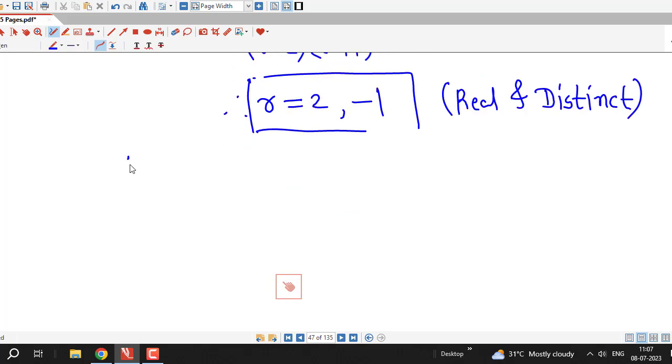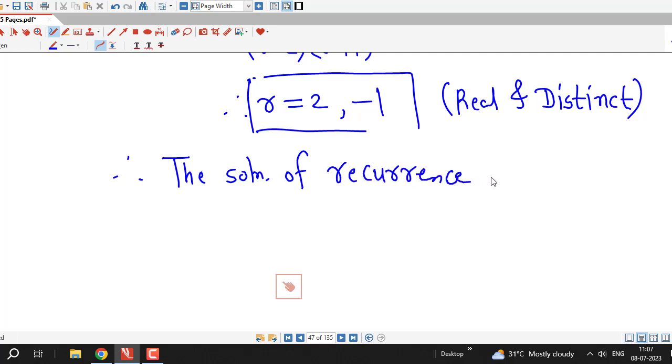So therefore the solution of the given recurrence relation is an equal to alpha 1 into r1 raised to n.